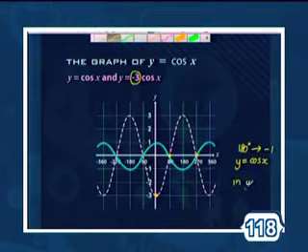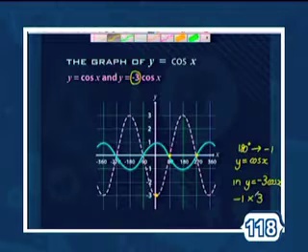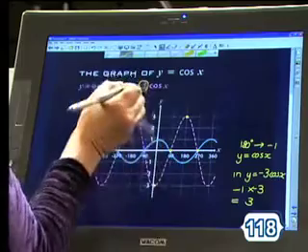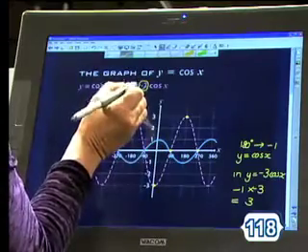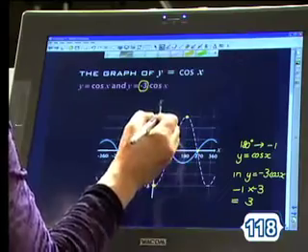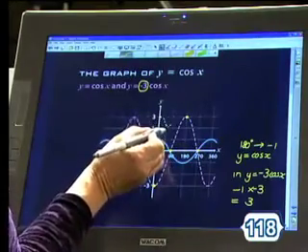Now, in our y equals -3 cos x, you're going to take the -1 and times it by -3, and you can see that it sends that point up to 3. So what effect has the -3 had? Let's just remember that the other graph that we drew previously looked something like this.